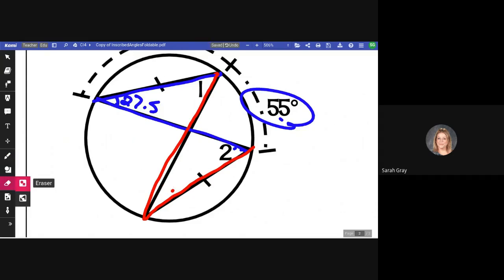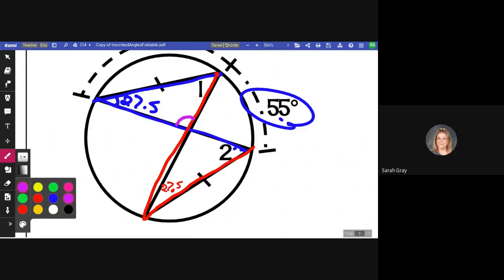Looks like I should change to a different pen. And then you're really going to start growing in here. So we currently have two angles that are the same, 27.5.